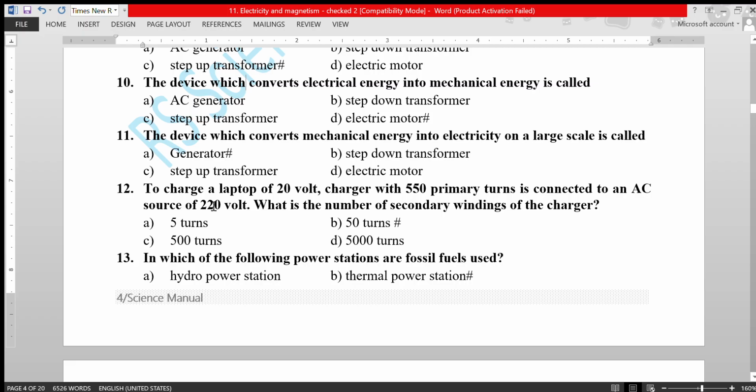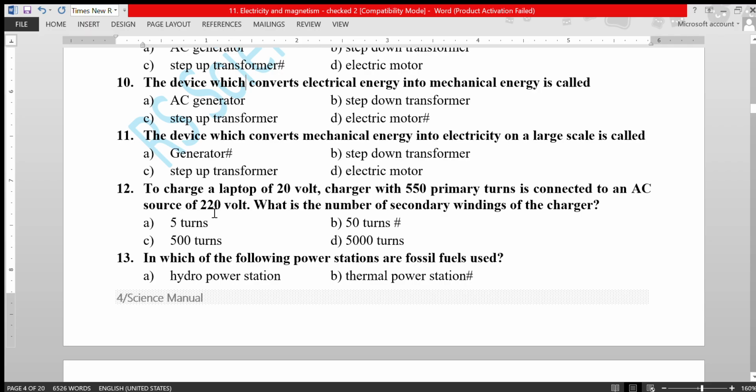To charge a laptop, 20 volt, a charger with 550 primary turns is connected to an AC source of this. What is the number of secondary windings of this? We can get it by using the formula Vs by Vp equals Ns by Np, or we can directly say this.